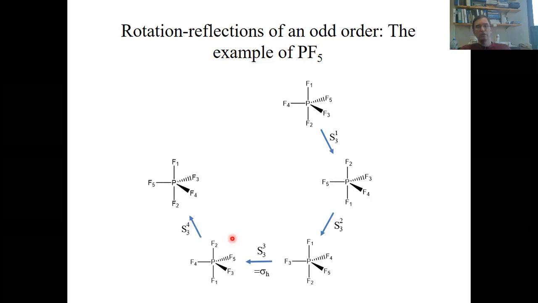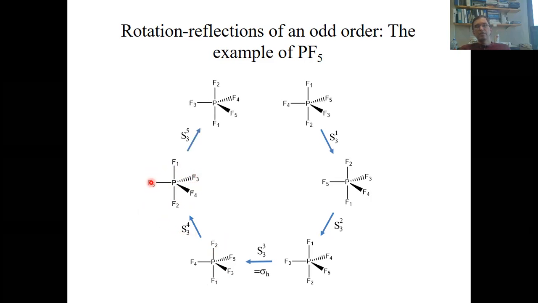So now if I do it 4 times, again F2 and F1 are being swapped, and these equatorial atoms rotate counterclockwise. So now F3 is here, F4 is over here, and F5 is over there.